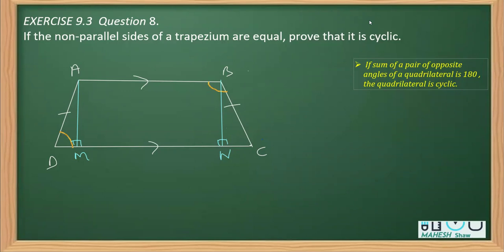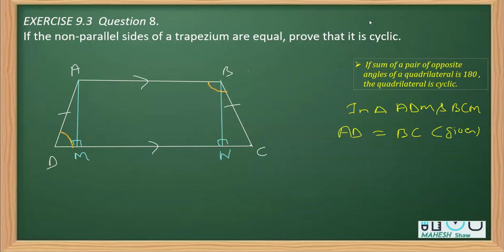So we'll be writing: in triangle ADM and the other triangle BCN. Now, how can they be proved congruent? First, I can see that the side AD is equal to BC. These two sides, AD and BC, are equal, that's given. So I can write the reason here as given.